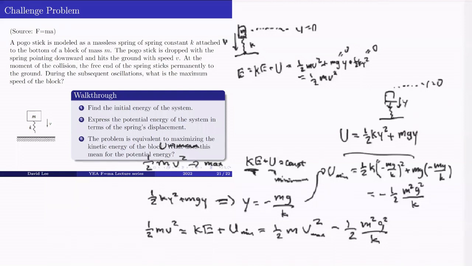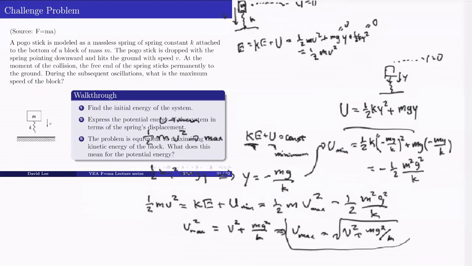We can cancel out a 1/2 m and then isolate v max on one side, and we'll get v max squared equals v squared plus mg squared over k. So our final answer is that the maximum velocity equals the square root of v squared plus mg squared divided by k. This is our final answer.